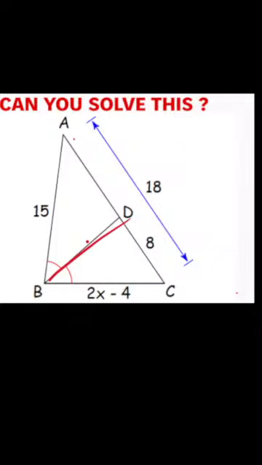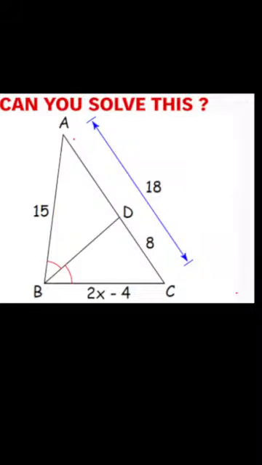This BD is an angle bisector. X is equal to 8, Black Avenger. We'll have one more question and the last question for this session after this, and we'll call it a day.